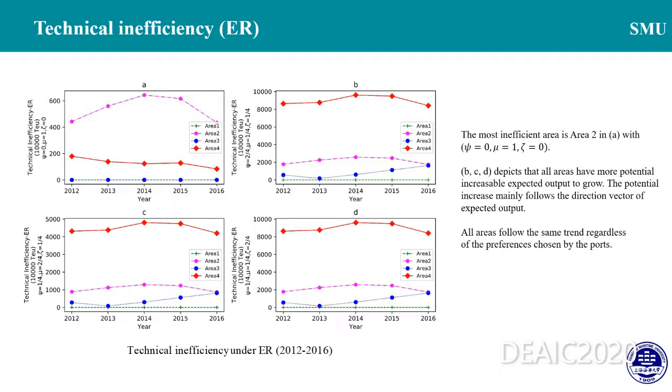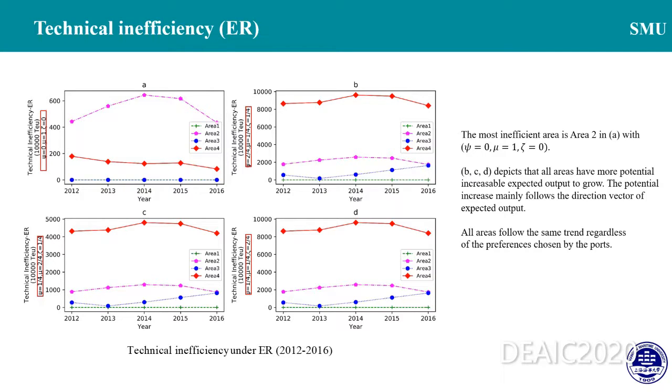Here in the video, we briefly present some key findings in our paper. Firstly, in our model, we set the preference coefficient, which also means the direction vector, shown in red in our paper.